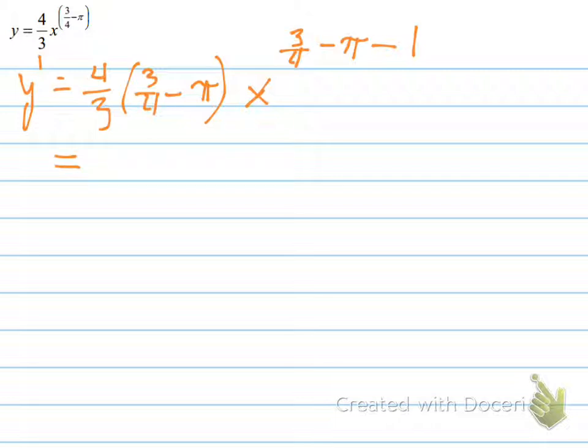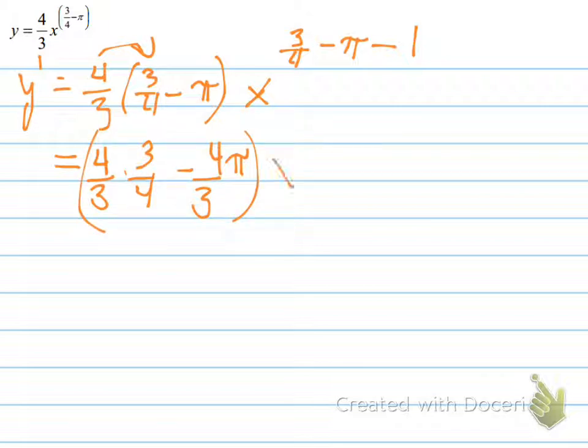I have a number outside of parentheses, so I'm going to distribute. That will give me 4/3 times 3 over 4 minus 4/3 times pi, and don't forget you have x, and I have 3/4 minus pi minus 1.